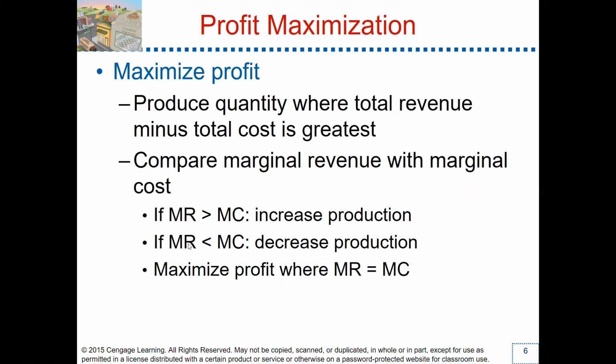However, if marginal revenue becomes less than marginal cost, the firm decides to decrease production in order to reduce the extra cost incurred. The profit maximizing point is where the marginal revenue is equal to the marginal cost.